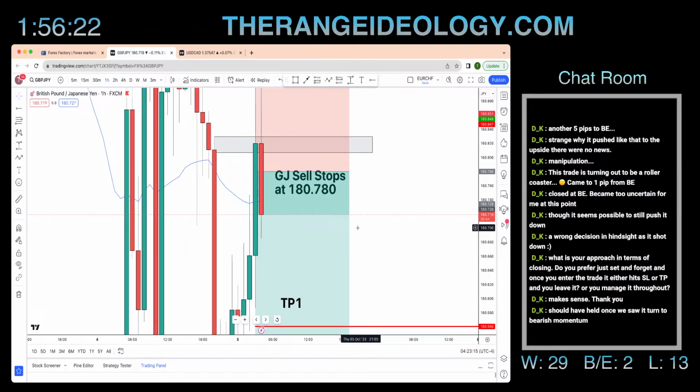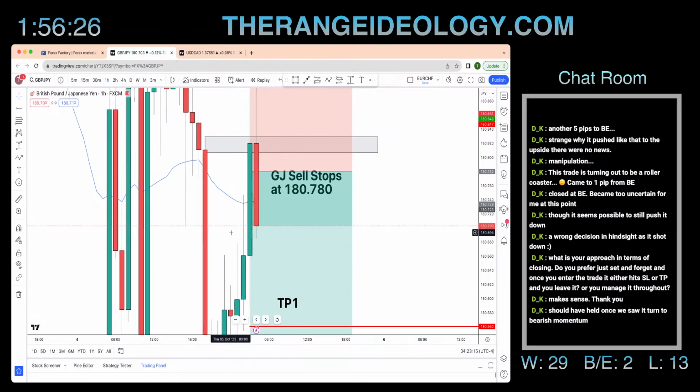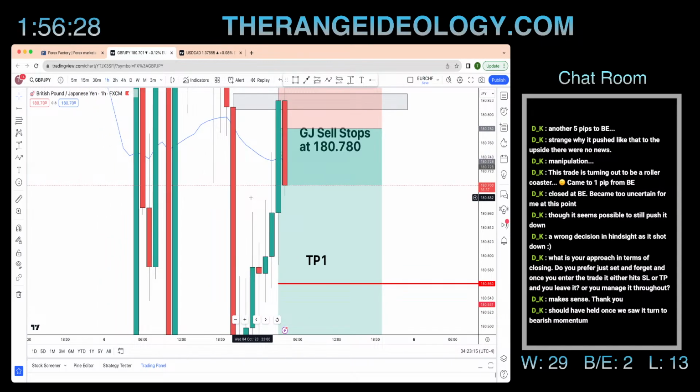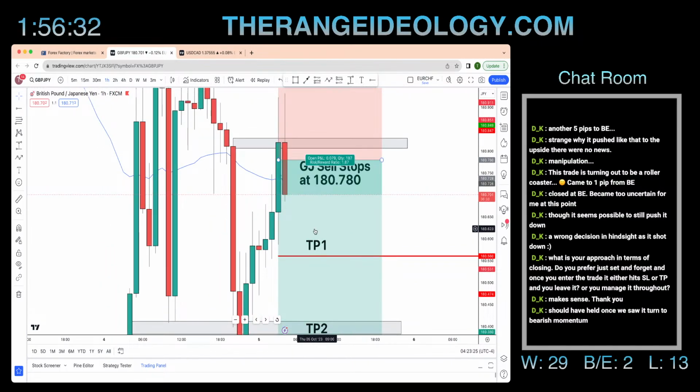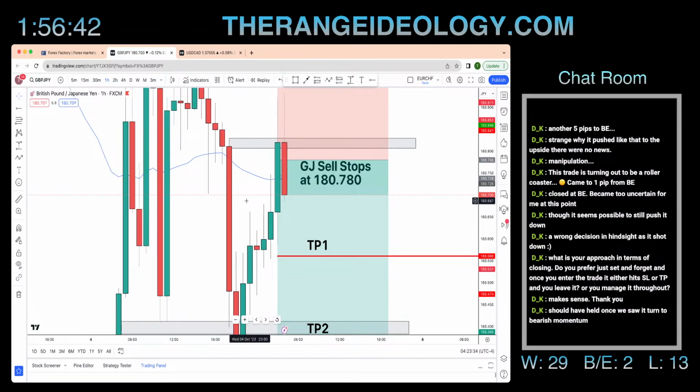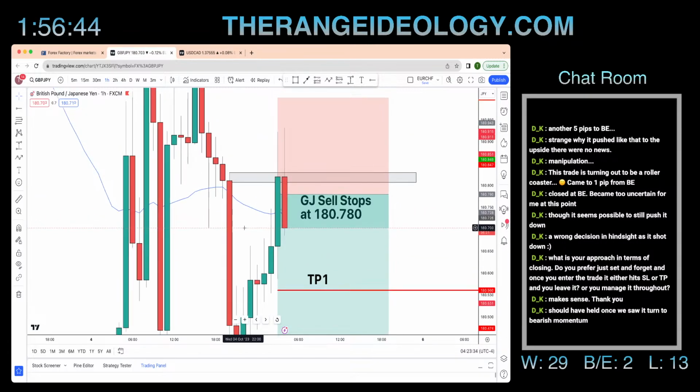Let's see. Can we get one more push here? I mean, there is some medium impact news coming for GBP. But we could certainly see this push down all the way at least to TP1, or at least near it, so I can secure some profits before the news coming in, right?